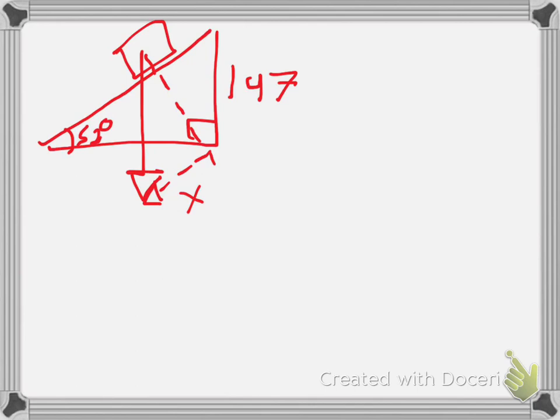Through trigonometry, we can figure out that this angle right here is 52 degrees as well. So our perpendicular component would be cosine, because it's adjacent, and our other component is going to be sine, because it is opposite the angle.